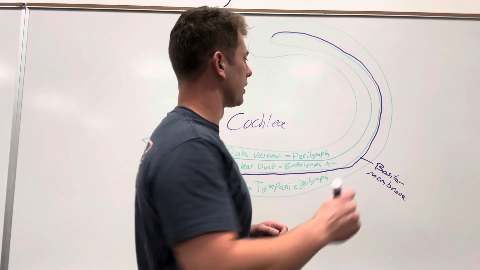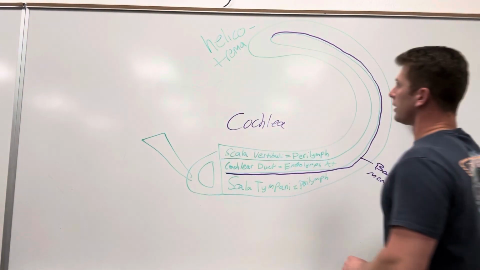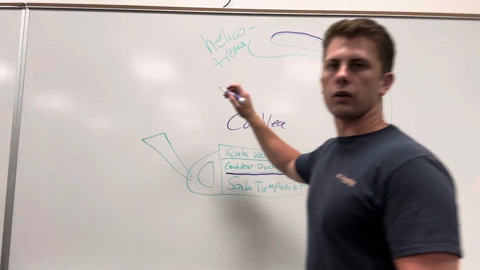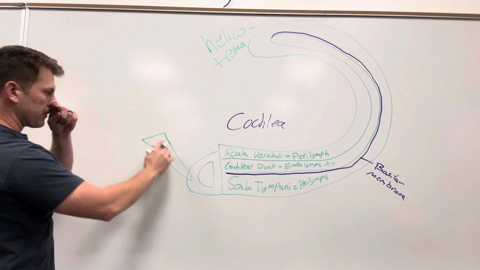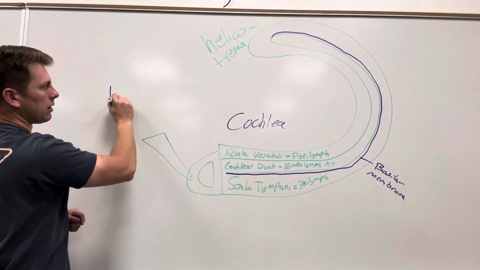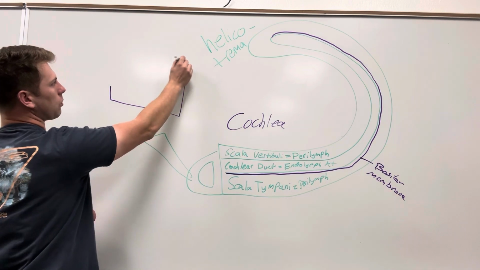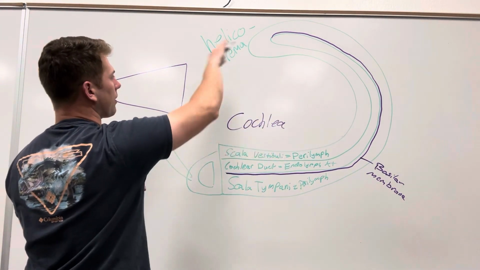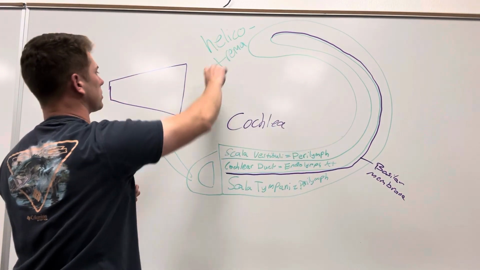Real quick, I forgot how the basilar membrane looks. Let's see, I'm gonna draw it over here actually. So we have the base and the apex. The base is really small, and then it actually gets wider. So this is a short drawing, but that's how it gets bigger as it goes toward the helicotrema.